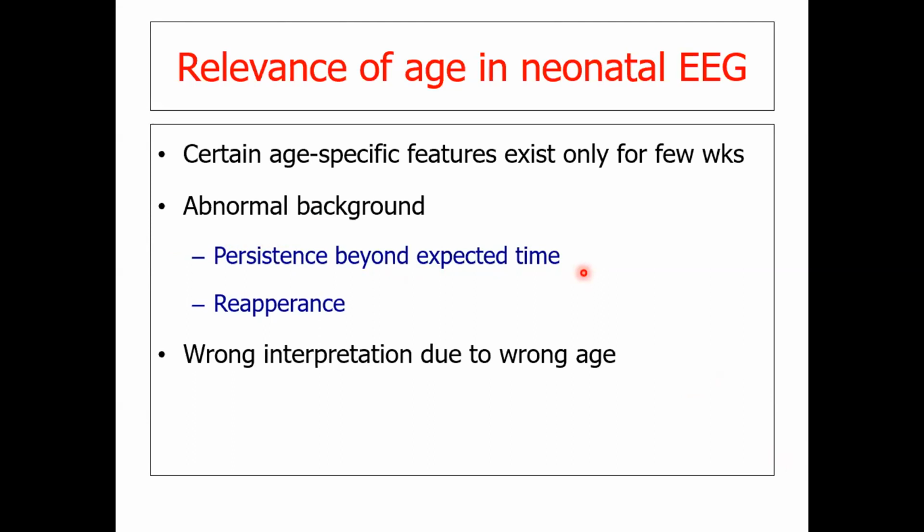Secondly, if a newborn has had some sort of insult, then the brain functions at a dysmature or an immature level. So certain abnormalities appear which should have disappeared by then. However, we have to keep in mind that wrong interpretation is very highly likely if the age is not given properly in the requisition slip.